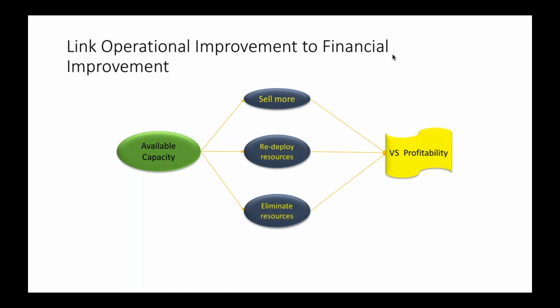But really, the decision as to how to use the available capacity really impacts the value stream profitability. Now, sure, there may be some direct costs that are saved due to any kind of Lean initiative, but the majority of the financial analysis is based on what happens to the available capacity.